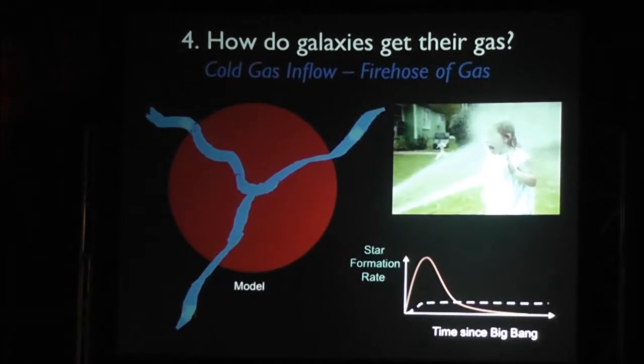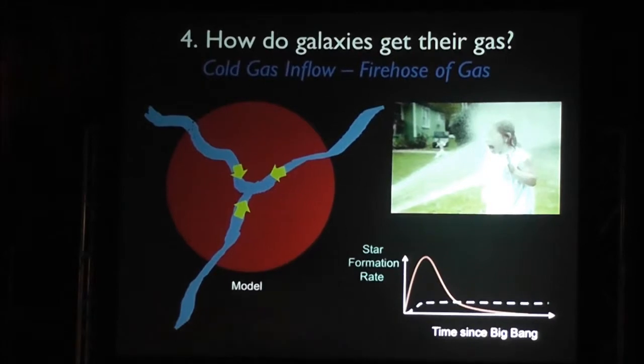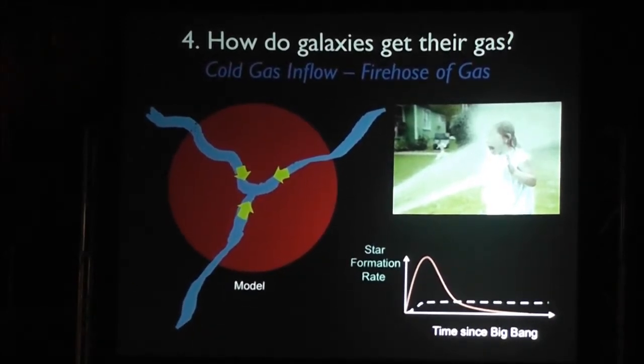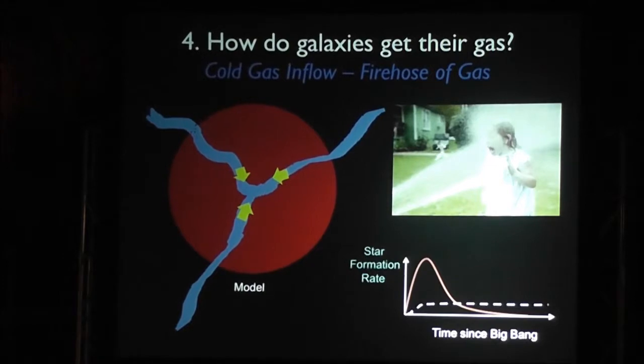But we need to understand how this very rapid star formation burst in the early universe occurred. And there's a new model in which there are streams of gas flowing directly from the intergalactic medium, fueling this very rapid star formation, a fire hose of gas which the galaxies are trying to consume as fast as possible. And that's why they look so different, and that's why their star formation is so rapid.